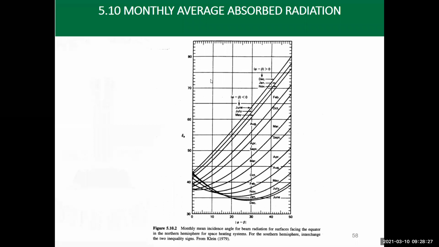On the y-axis we get the effective beam radiation incident angle, theta beam bar, and the value can be obtained for different months, as you can see, starting from January to December, for both the cases where phi minus beta is greater than 0 or less than 0.